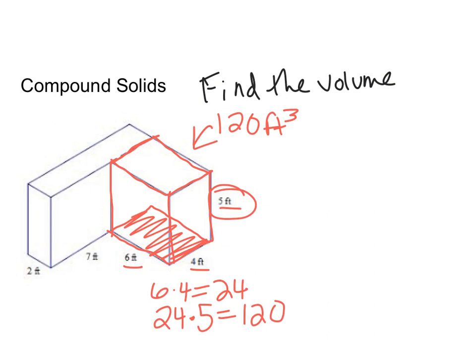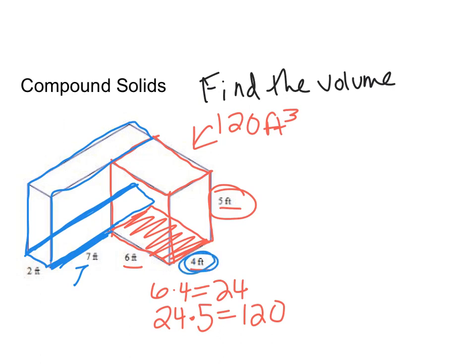And then I'll do the other one here, that kind of longer, skinnier one. So here, my base is kind of hidden along the back, but I see it as being like that. And now this one's a little bit trickier because this part right here is 7, but this length here would be 7 plus, and then that 4 is this length right there.